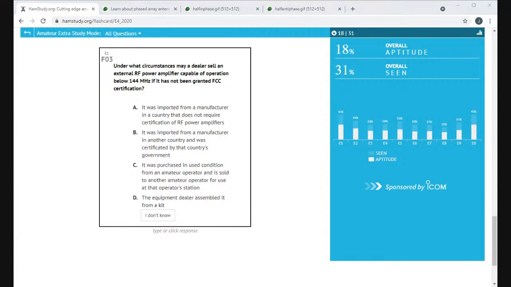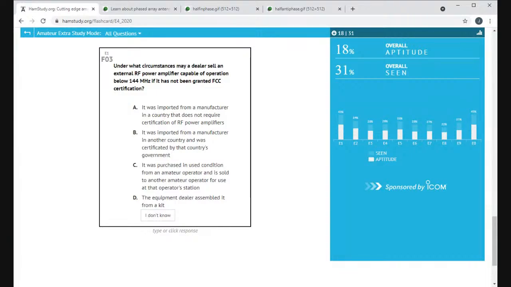Under which circumstances may a dealer sell an external RF power amplifier capable of operation below 144 MHz if it has not been granted FCC certification? A. It was imported from a manufacturer in a country that does not require certification of RF amplifiers.